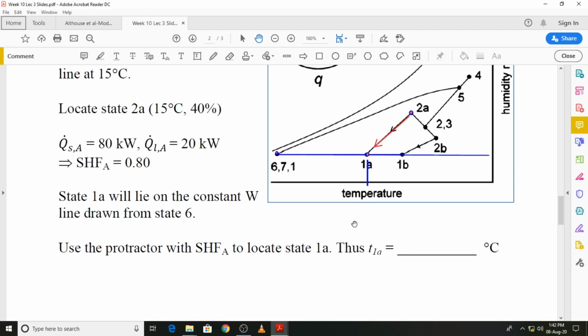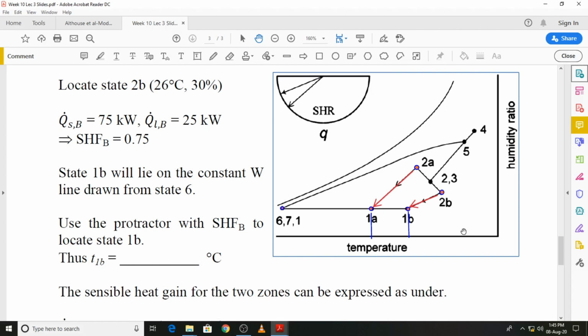We can now repeat the same procedure to locate state 2B and then find out the dry bulb temperature at state 1B. So we'll locate state 2B because the design conditions are given. Then we will find out the sensible heat factor, and again we will locate state 1B on the constant humidity ratio line, and that is the next step.